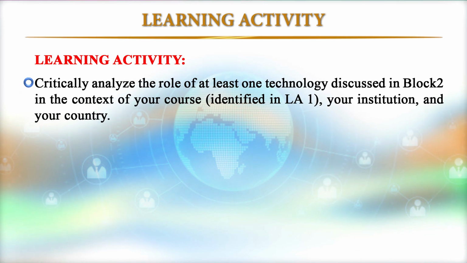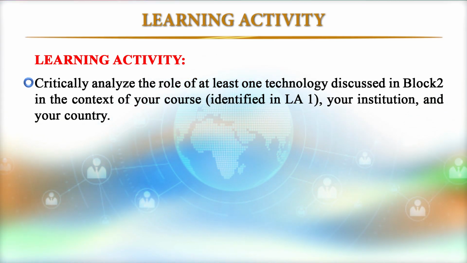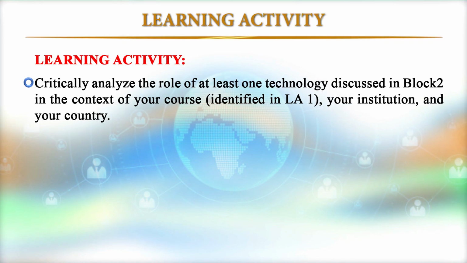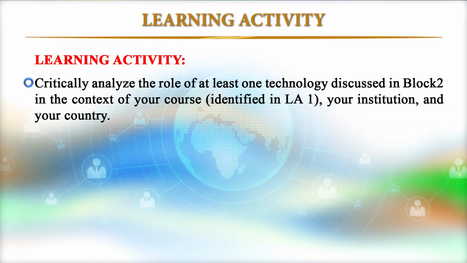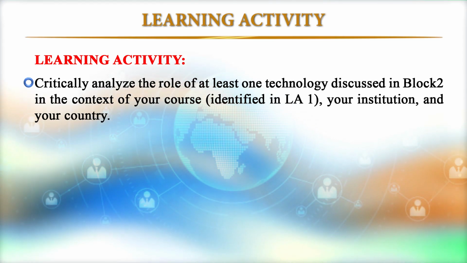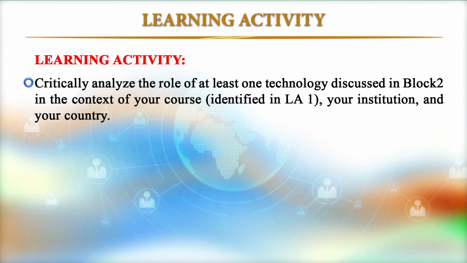As you have selected your course in learning activity 1 and designed a very detailed outline for it, here you have to work on what technology you are going to implement in the course you have selected. That is what we are going to do in this activity.